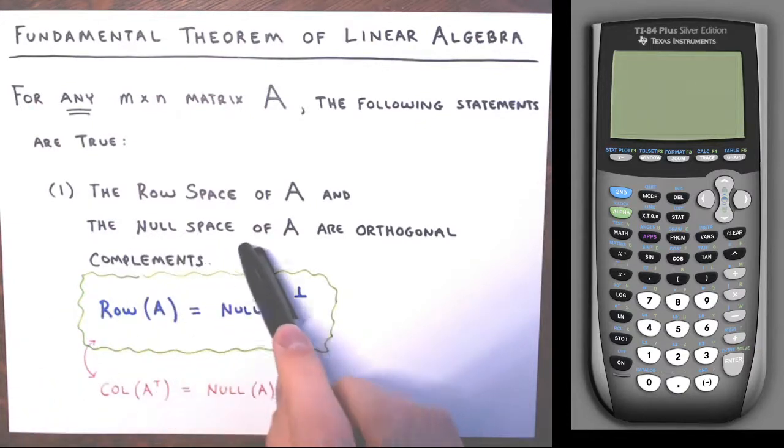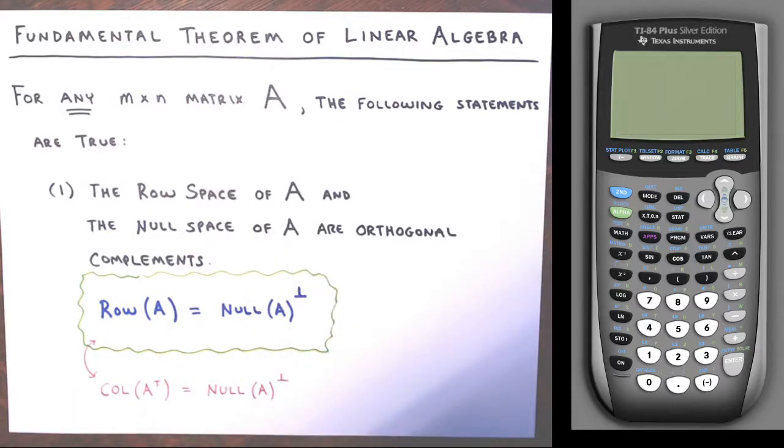And the null space of a matrix is the space of solutions to the equation A times some vector x equals the zero vector. It is the set of all solutions to that homogeneous equation. So this is a nice result. I mean, this is huge, telling us that any vector from the row space of a matrix will be orthogonal to any vector in the null space, and vice versa.